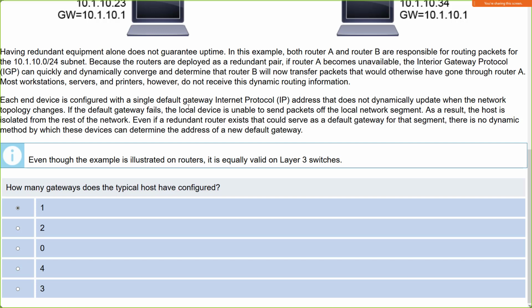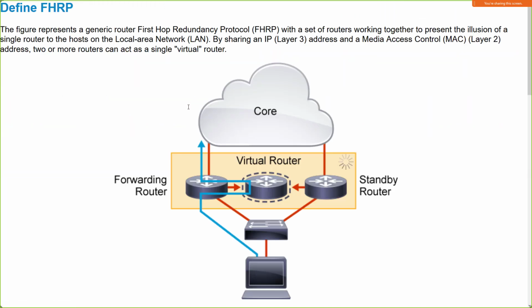But with a default gateway, it makes our lives much, much simpler. So we typically would only have one gateway assigned in this case. All right. So what is a first hop redundancy protocol? In essence, each version of these first hop redundancy protocols kind of operates differently.